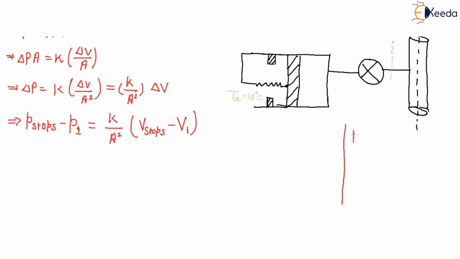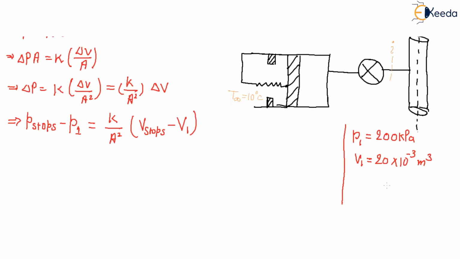Now what is given? P1, the initial pressure, is given. Why? Because the cylinder initially contains air at 200 kilopascal. What is the initial volume? V1 is 20 times 10 to the power minus 3 meter cube.